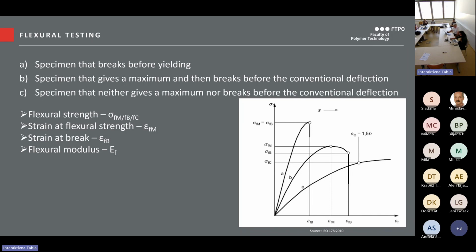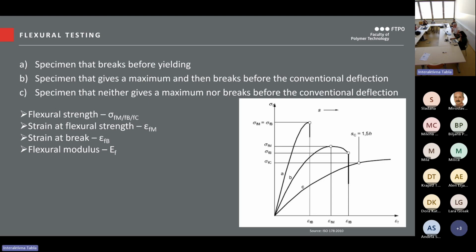before the conventional deflection. Again, flexural strength is given by the first maximum, or in case we don't get a maximum, we take the value at strain that's 1.5 times the thickness of the sample.